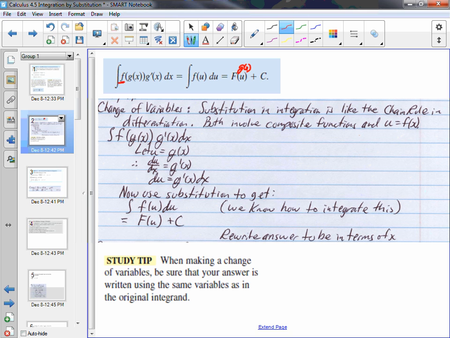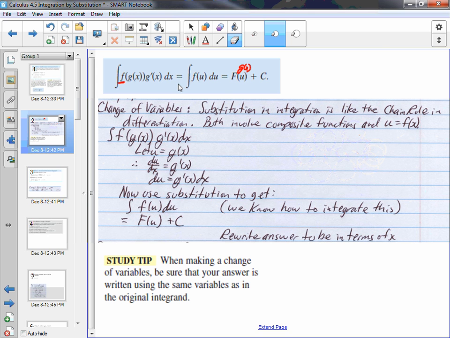They both involve composite functions. And at their simplest, most obvious, it will be some sort of expression inside of parentheses with an exponent on it. I don't know if that's the simplest or just the most obvious thing we'll see.